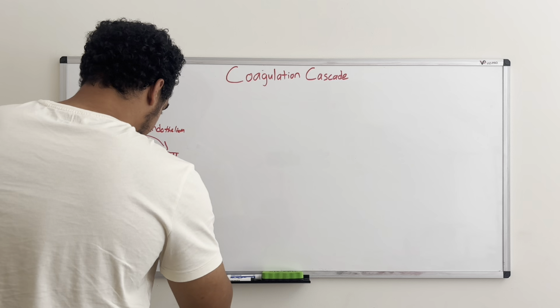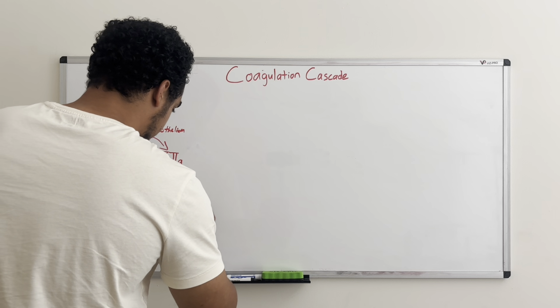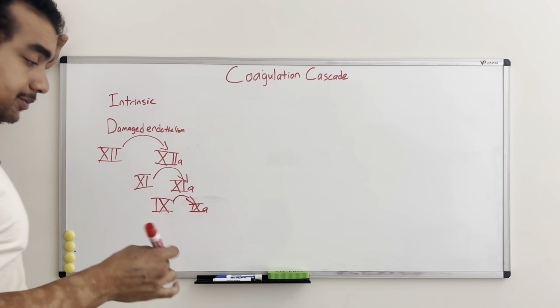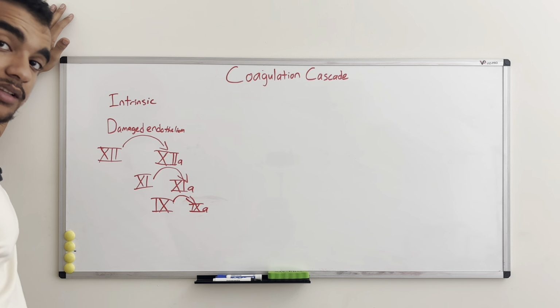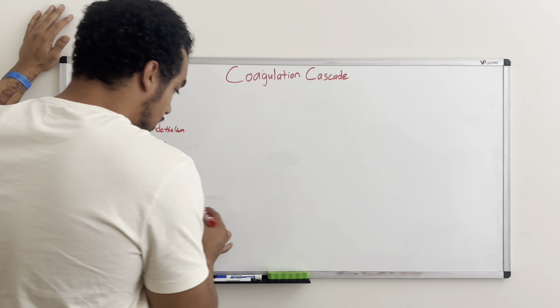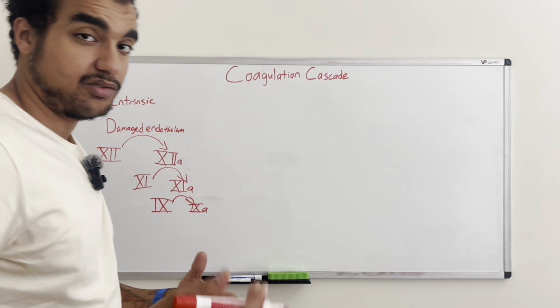So, factor 11 would then activate factor 9. Now, factor 9 will actually lead to the activation of factor 10, right? But in order to do that, what does it need? It needs an activated cofactor 8.